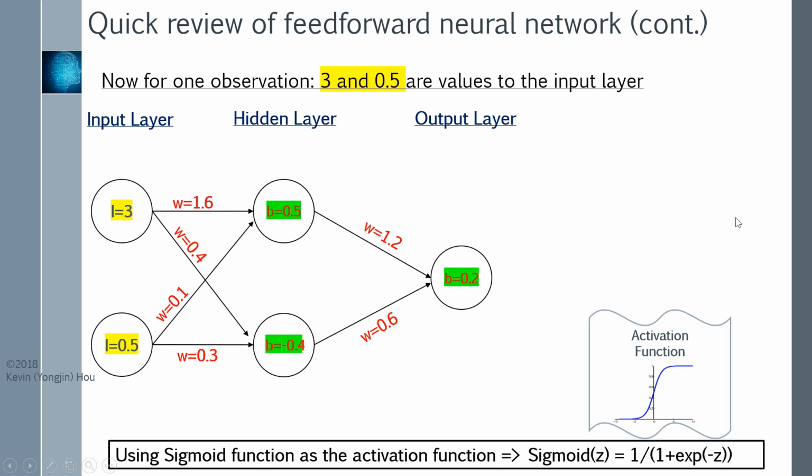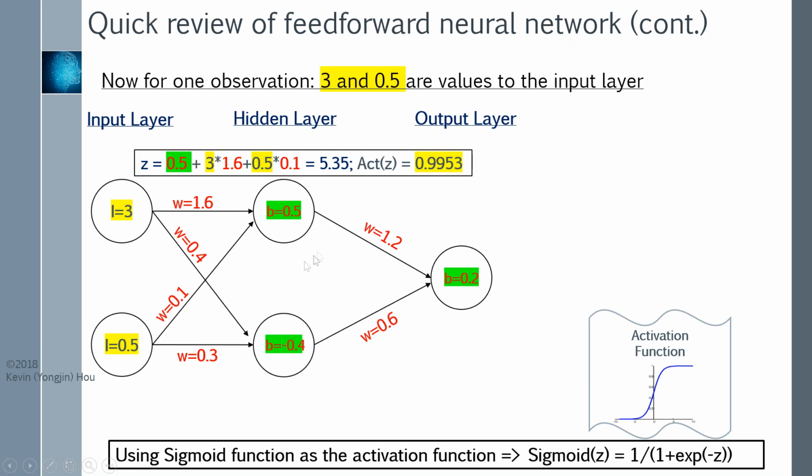With that, how are we going to do the calculation? Remember, we use the linear combination of weights and inputs and then apply the activation function to generate the value, then pass the value from one layer to the next layer. That's the whole concept of the feed-forward neural network. Now let's do the calculation.